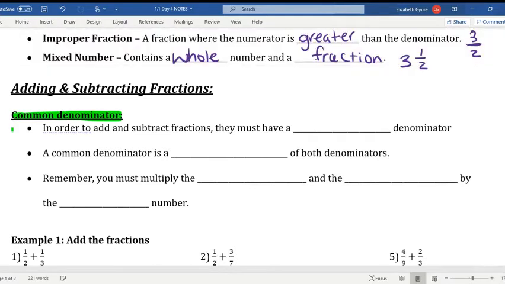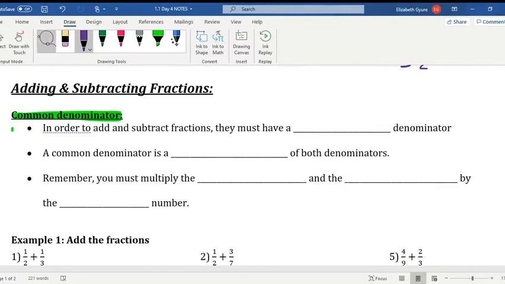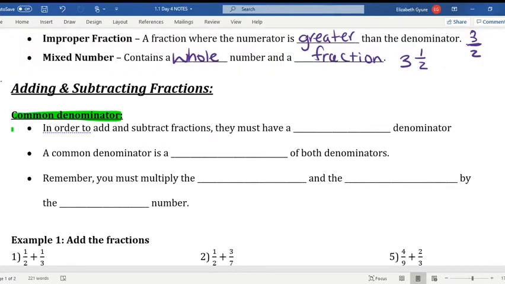Common denominators, our fractions have to have the same denominator in order for us to be able to add or subtract them. So in order to add or subtract fractions, they must have a common denominator, right? They both have to have a 5 on the bottom or a 6 on the bottom or whatever it is.